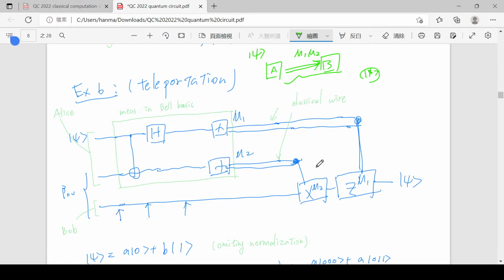So maybe at this point, things are on the Bob side, and Bob is going to do something on his qubit controlled on the classical wire. Okay, so that's something you can do.